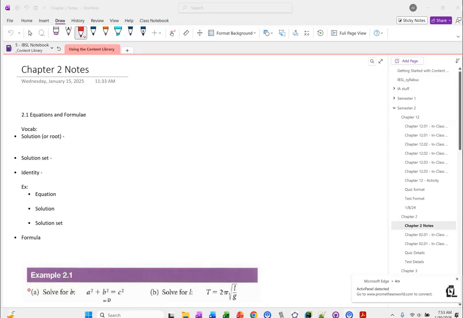Like PV equals nRT is a chemistry formula. It's your ideal gas law formula, right? It describes the interaction between pressure, volume, number of molecules, and temperature. An identity is just a statement that's always true. You can pick random numbers for P, V, and T, but that will not satisfy that equation, right?